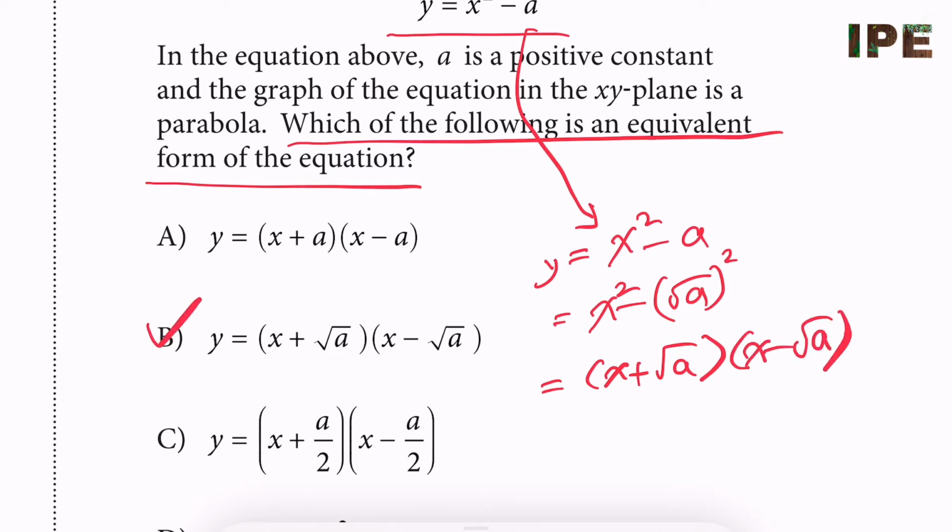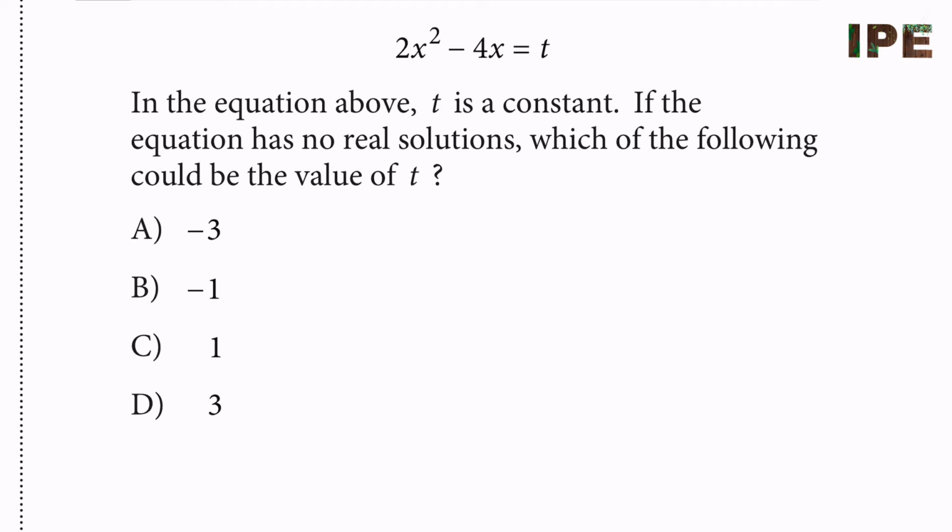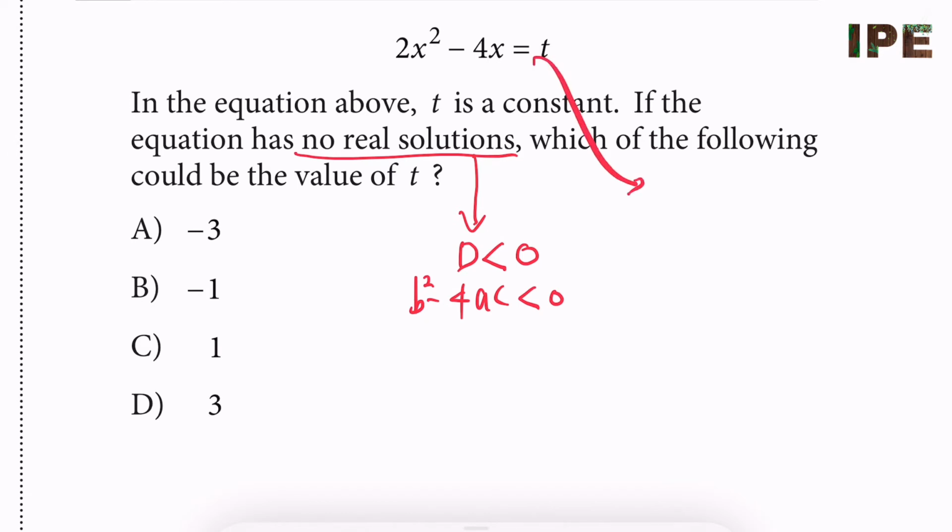B. In the equation above, t is a constant. If the equation has no real solution, what does it mean? Discriminant is less than 0. So b squared minus 4ac less than 0. No real solution. So change that to x squared minus 4x minus t equals 0, right?